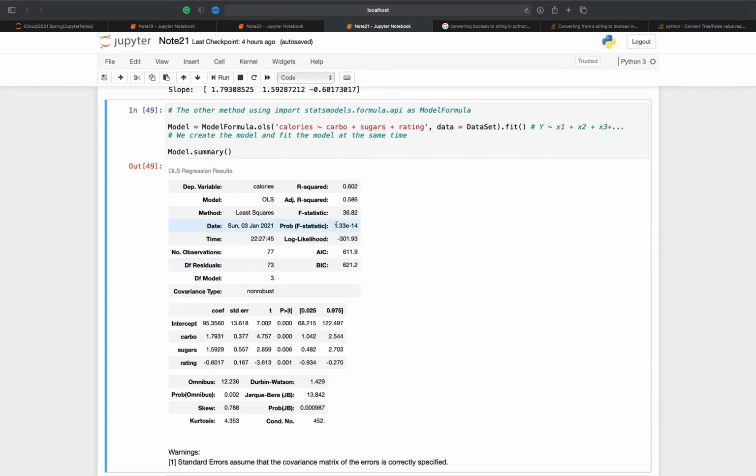How many predictors did we have here? For example, we had 3 predictors in the model. The adjusted R-square increases only if the new term that we are adding to the model improves the model more than would be expected by chance.